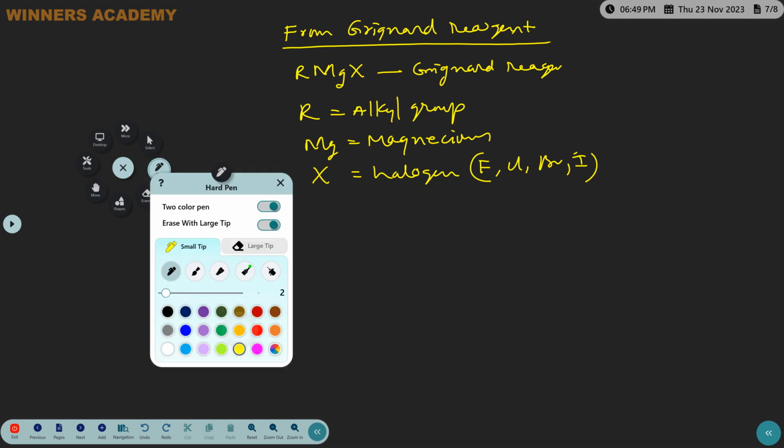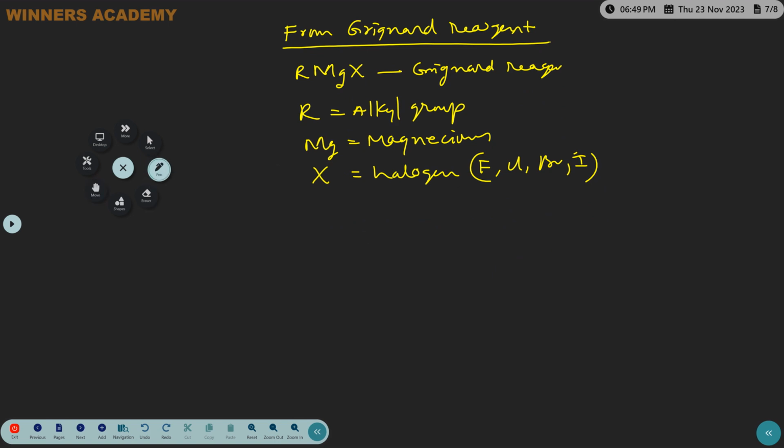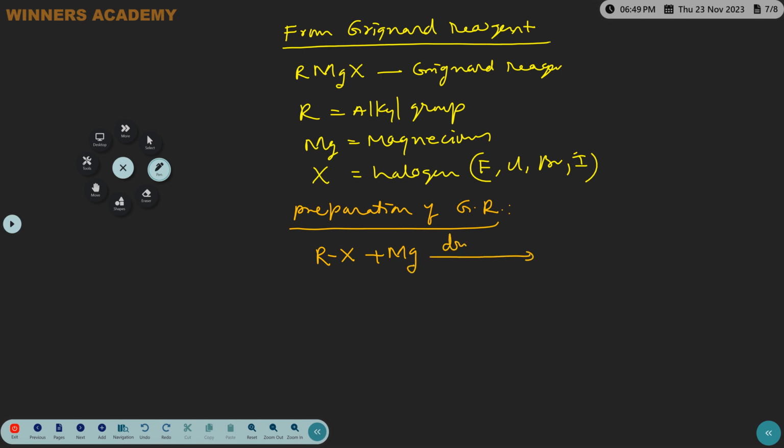So how do you prepare that Grignard reagent? How do you prepare it? Alkyl halide, RX, when treated with magnesium metal in the presence of dry ether.